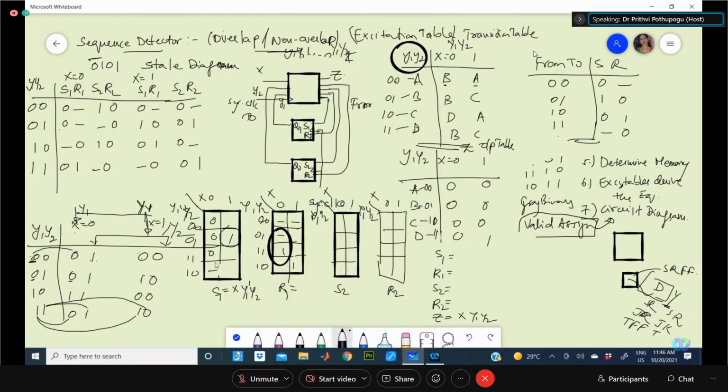And this becomes don't care, 0. Yes, minimization is possible. So what is the minimization you get? It is simple x of y2.